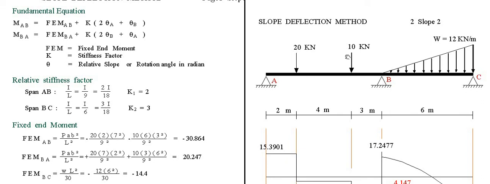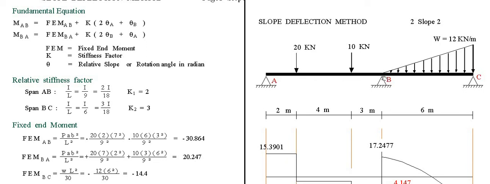Then the second one, concentrated load, with respect to A, this is 6 times 3 square divided by 9 square. Simplifying this, which is equal to minus 30.864.